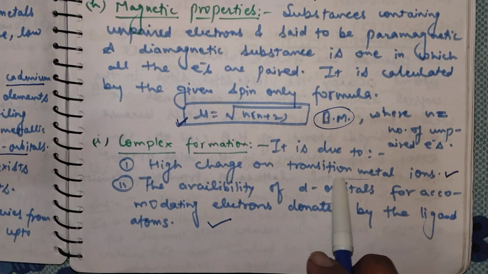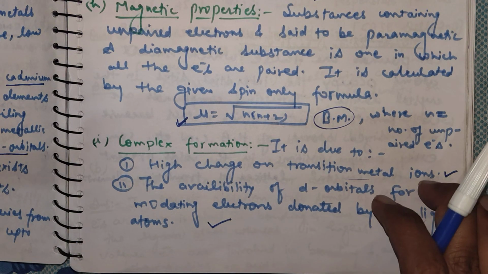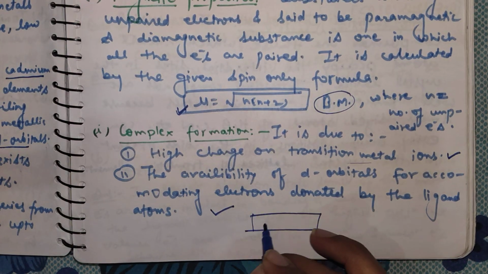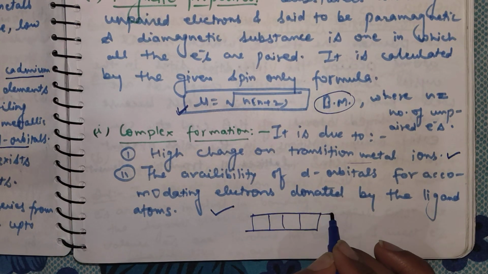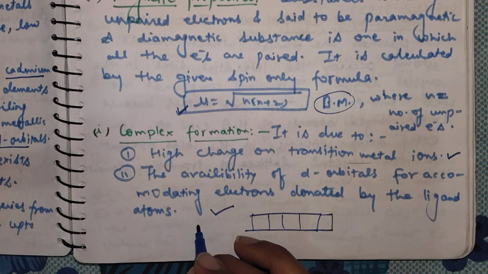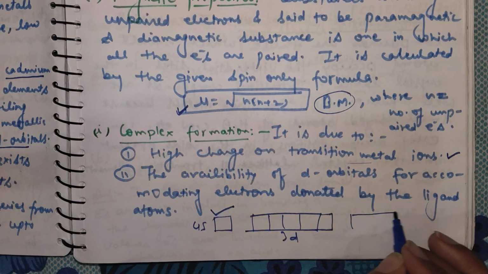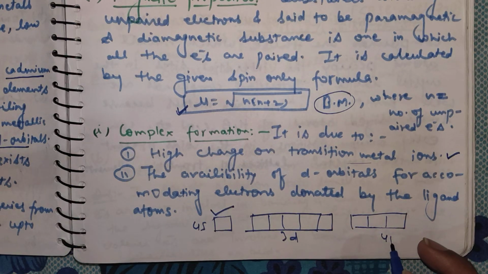First is the high charge on transition element ions, and the availability of d orbitals for accommodating electrons donated by the ligands. Just like this, the availability of d orbitals: the 4s, 3d and 4p orbitals in any complex ion.